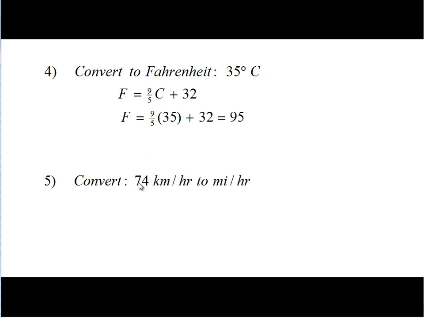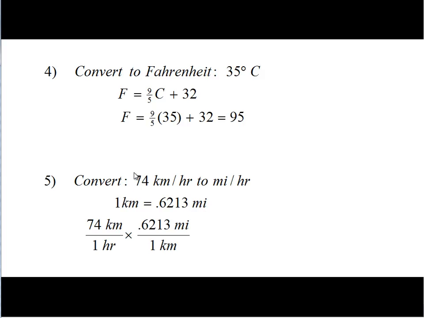Okay, then we want to convert 74 kilometers per hour. We want to go to miles per hour. Well, 1 kilometer is 0.6213 miles. And you may or may not need that many decimals. So what we do is we take our kilometers and we multiply so that we can cancel our kilometers.